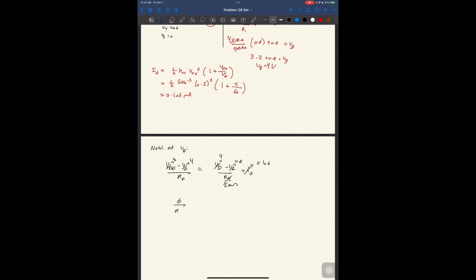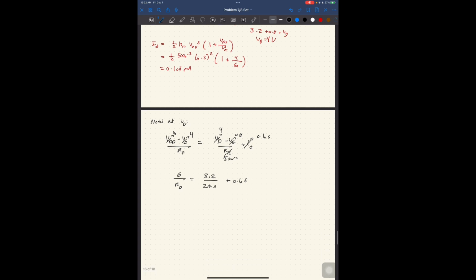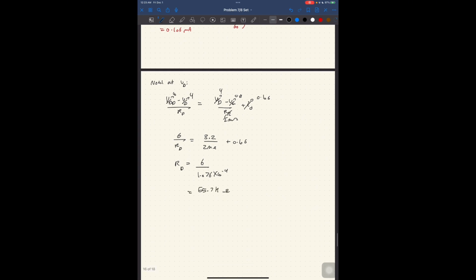So 6 over RD is equal to 3.2 over 2 megaohms plus 0.106, right? And so really RD is equal to 6 divided by 1.076 times 10 to the negative 4, which makes it equal to 55.7 K ohms.